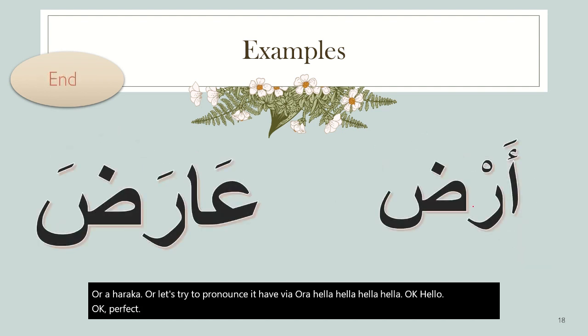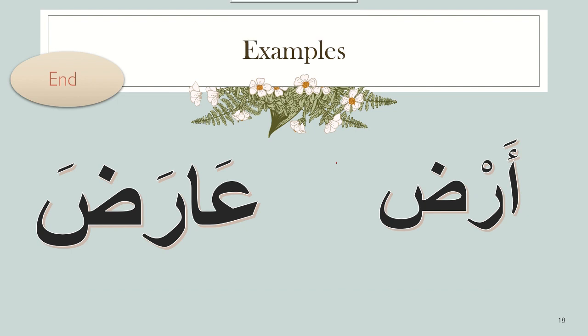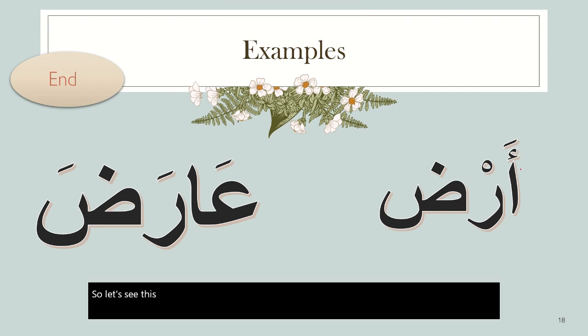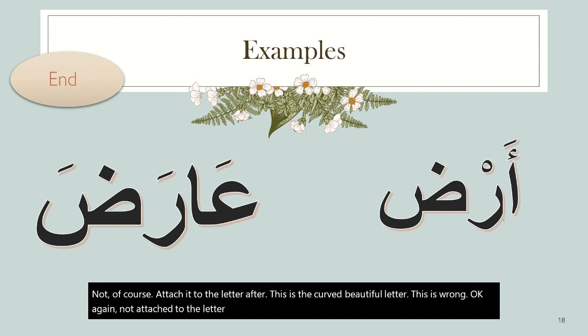Let's see these two words with ض in the end. So let's see this word. Here we have the vertical line with hamza above. This is alif, and it has fatha, so a, not of course attached to the letter after. This is the curved beautiful letter, ra. Again, not attached to the letter after, they have the same rule.